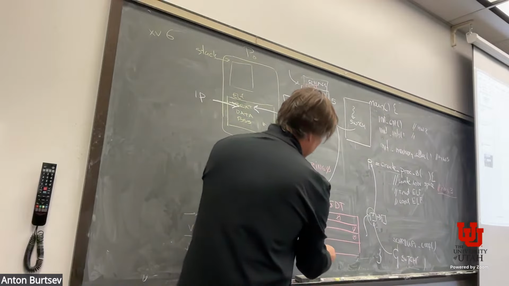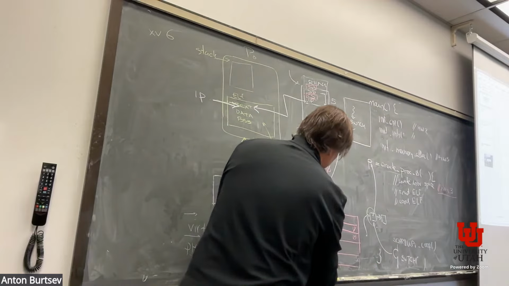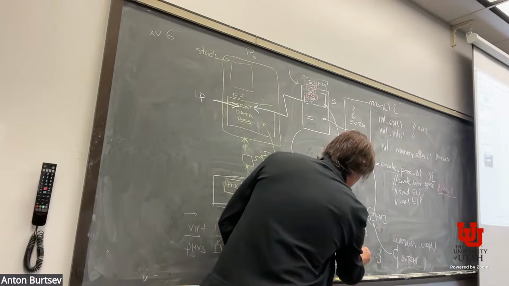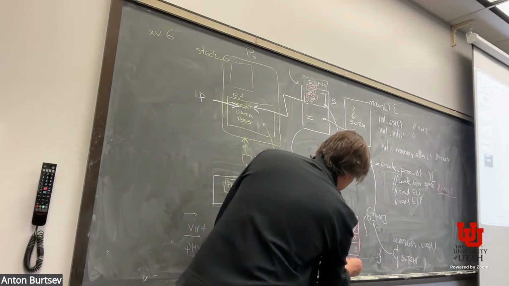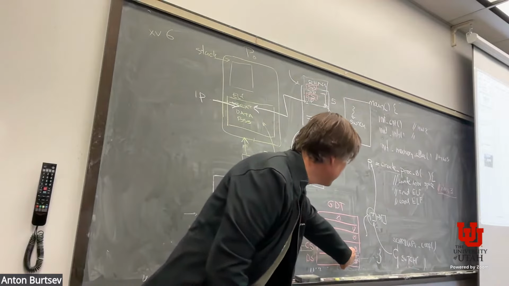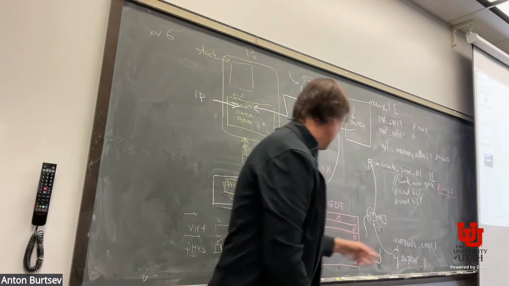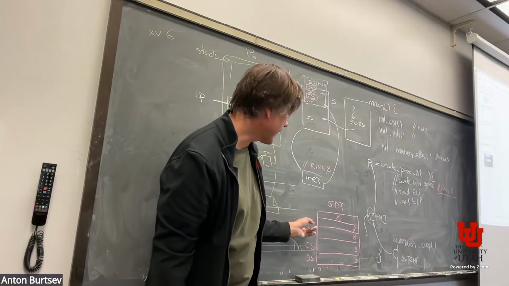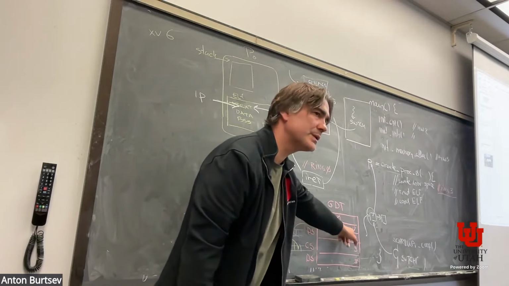But we also will create code and data segments for the user with privilege level 3. So while we're running in the kernel, we're using these two entries, code segment and data segment with privilege level 0.